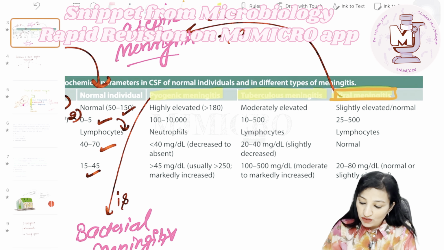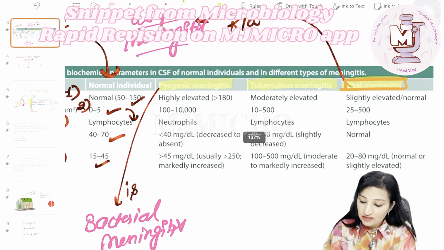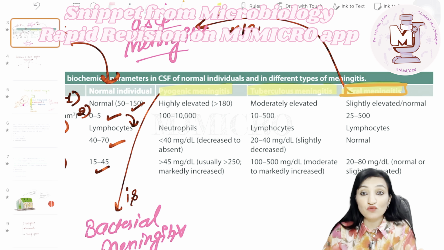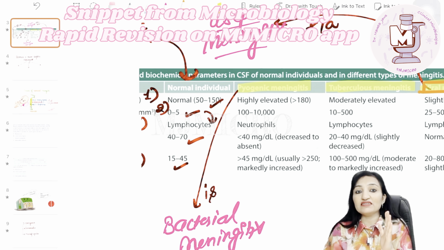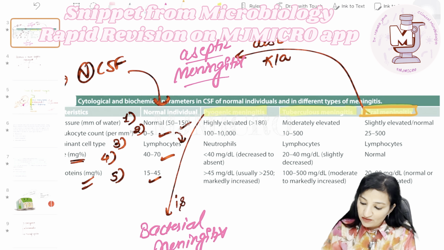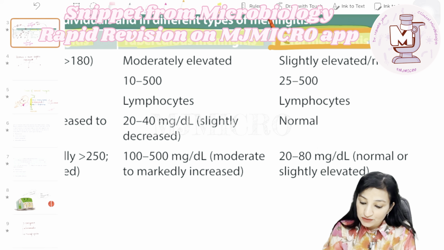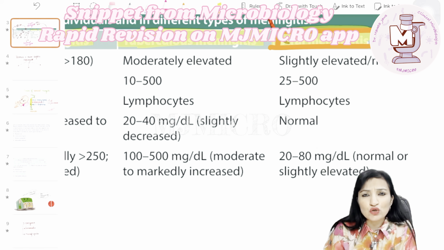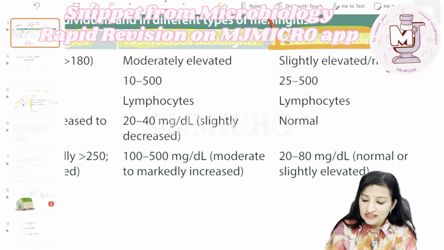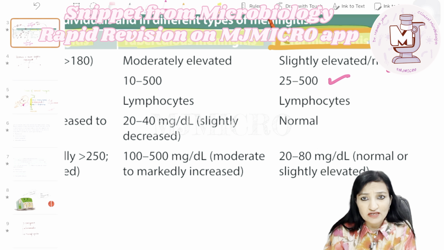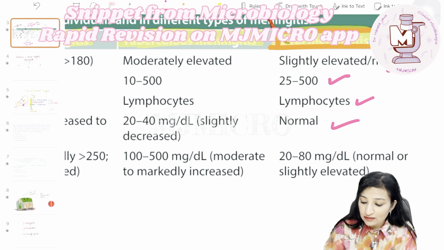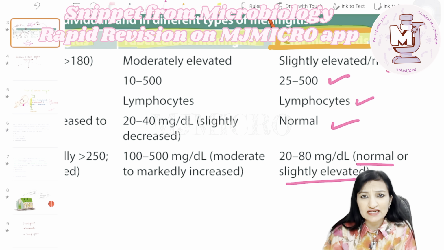All right. So if you look at the 5 parameters profile in viral or aseptic meningitis, what do we have? The CSF pressure is normal or slightly elevated. The cell count is 25 to 500 and the cells are lymphocytes. Glucose is normal and proteins are normal or only slightly elevated.